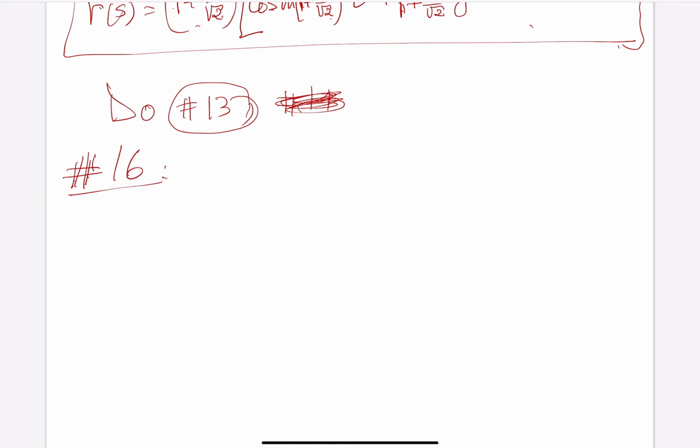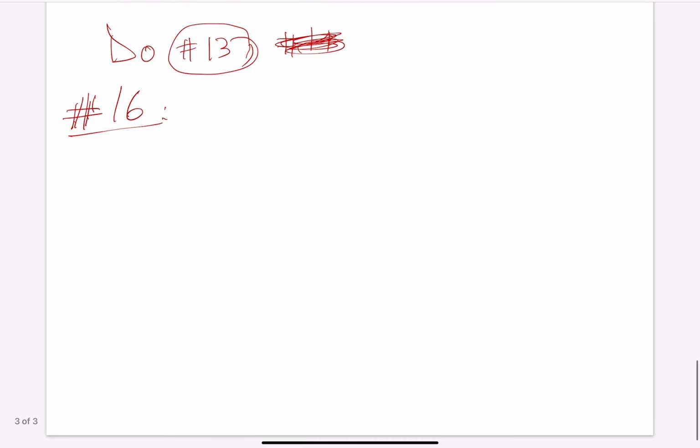Let me jump to number 17. Number 17, I think, should be good for you. And number 17, you already got the solution. Let me jump to number 18. Number 18, they ask you to find the unit tangent and the unit normal vector.